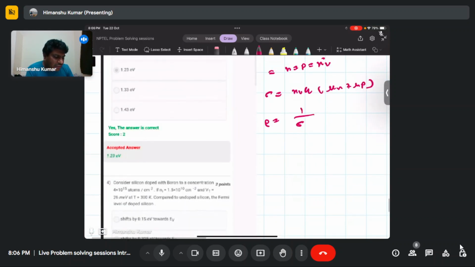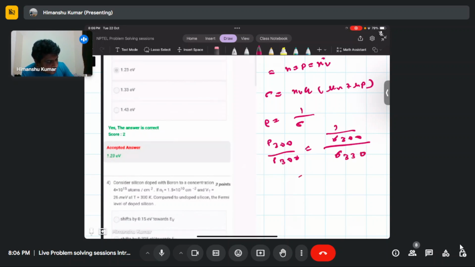You are given the resistivity at 300 Kelvin and the resistivity at 330 Kelvin. If you take this ratio, it will be equal to the conductivity at 330 Kelvin divided by the conductivity at 300 Kelvin.